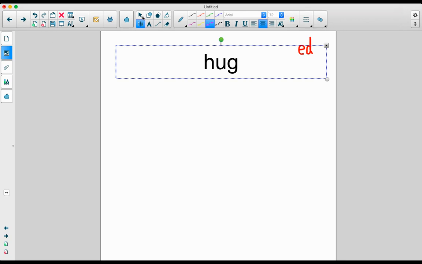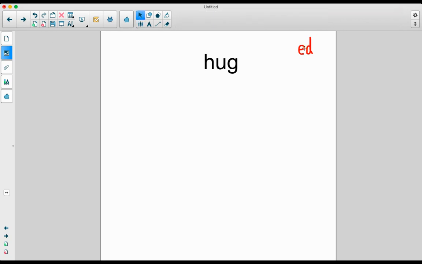But look what happens here. If I add ED to the end of this word, because E still shouts to his neighbor, I get the word huged. Huged? That doesn't make sense. If E can still shout over a neighbor and make this vowel long, what we have to do is double the consonant.